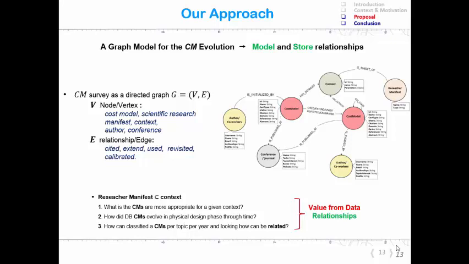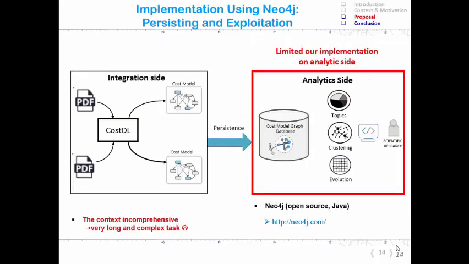For cost models, a researcher manifest is defined as a partial set of cost models to formulate a different research question. A researcher needs to answer several questions to get value from the data and its relationships. Our proposal has been implemented using Neo4j, and we used the query language Cypher to explore the content.